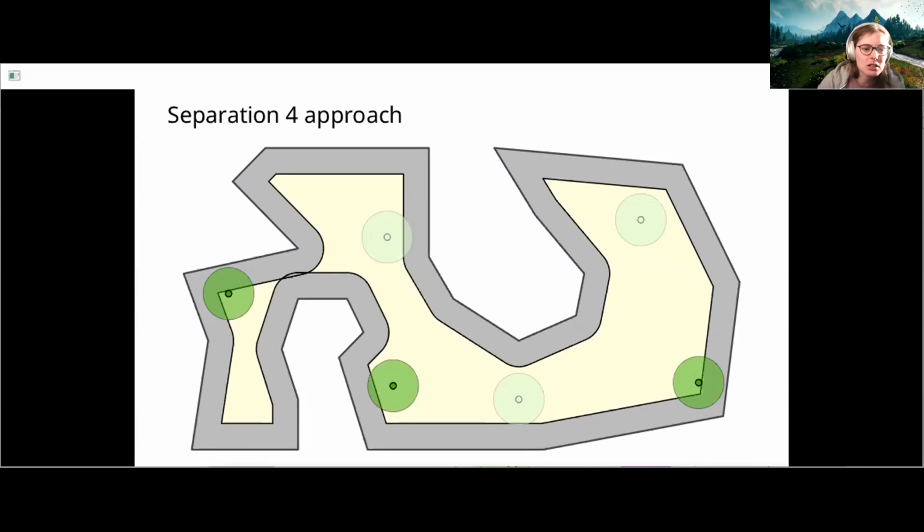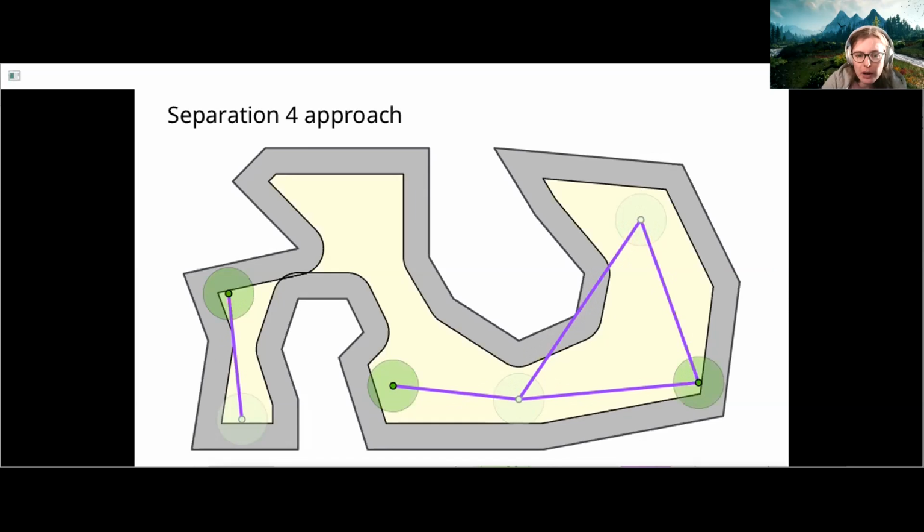So there is no solution in this case, but if the number of start and target positions in each component is equal, then there is always a solution, and it can be found by constructing this motion graph by connecting the locations to each other.